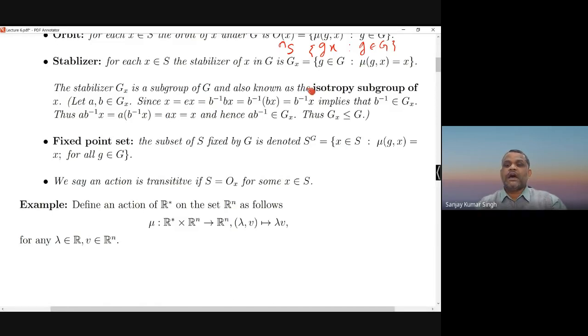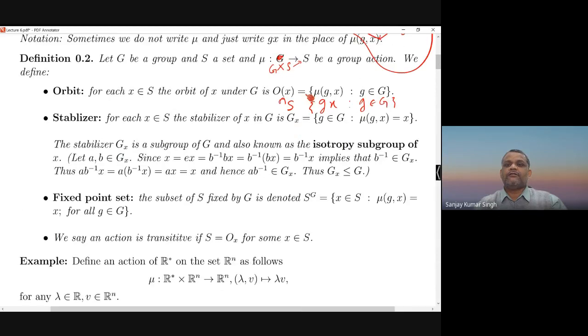Why? Because the orbit is the set of all elements mu(g, x), but if x is in this set, it is fixed by all g, so all mu(g, x) are equal to x, and hence the orbit is just the singleton {x}. So this set is important in the sense that each element has an orbit which is just itself, with no more than one element.